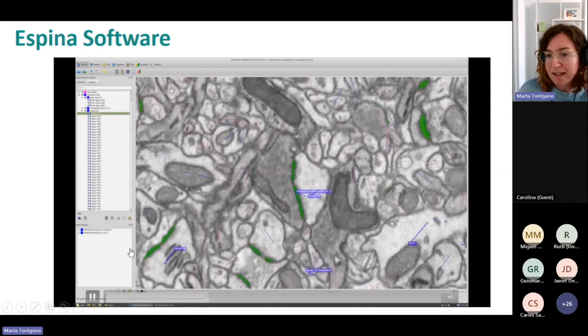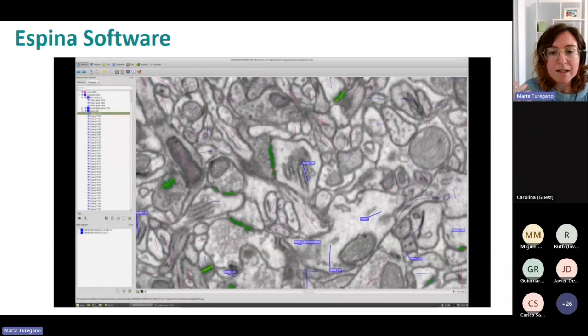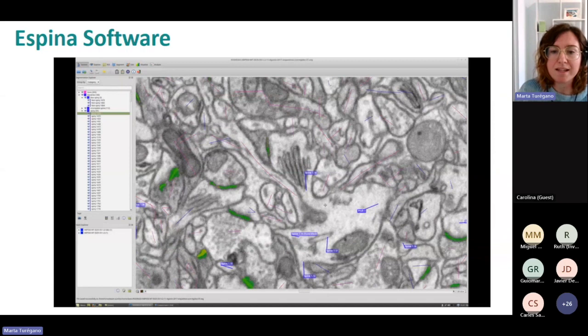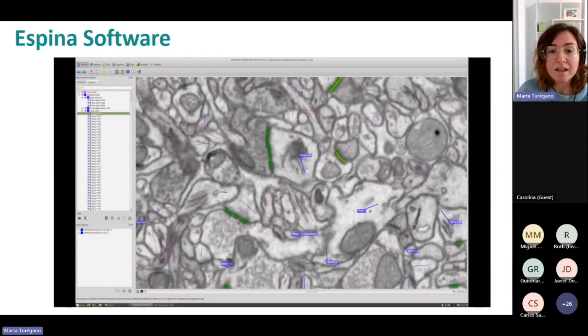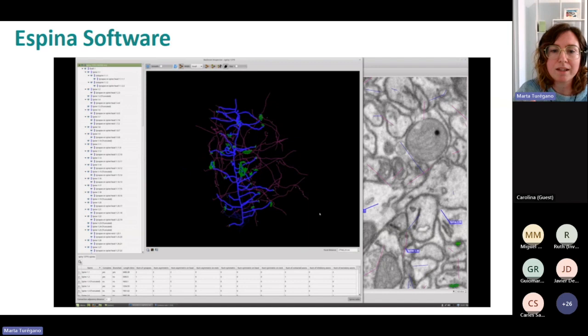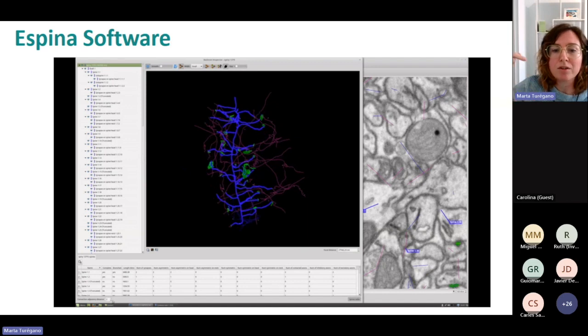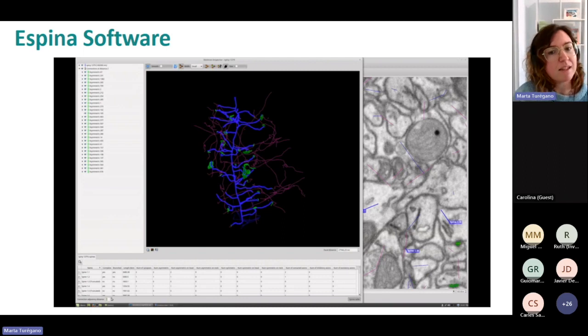And now, in the last year, we have developed a tool to trace the fibers in the images that we have. And we can make the skeleton of dendrites, for example, that we can see in blue, that connect through the synapses to the axons.